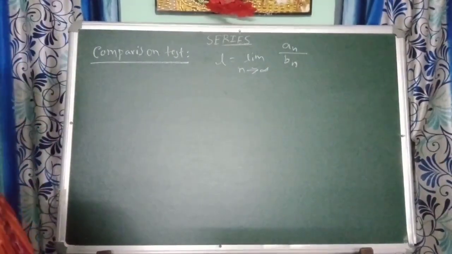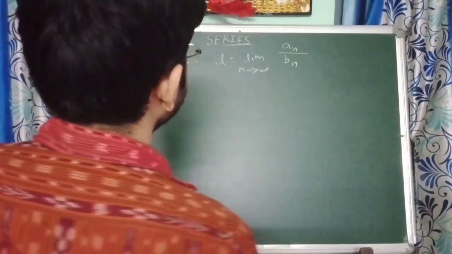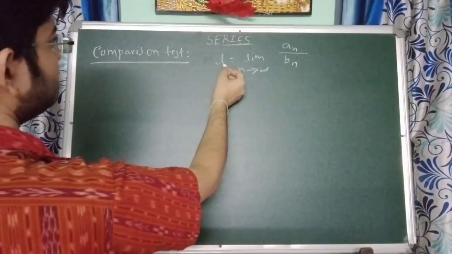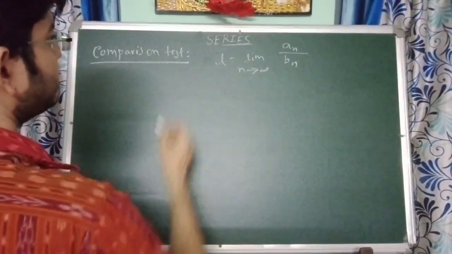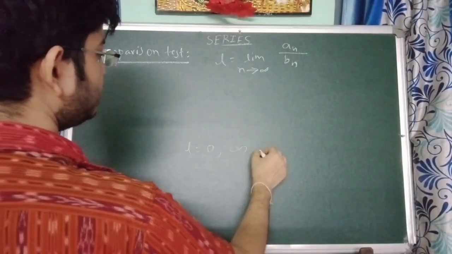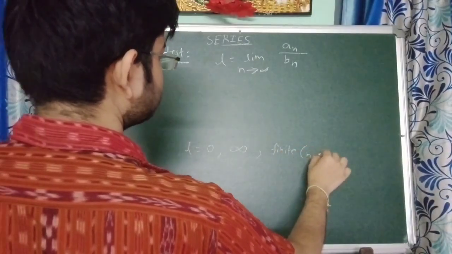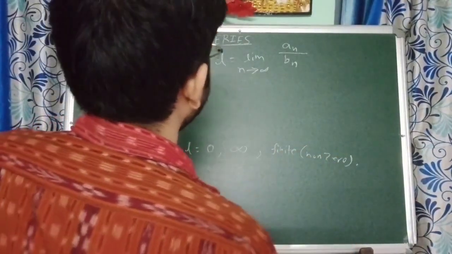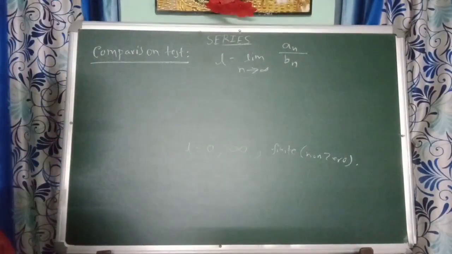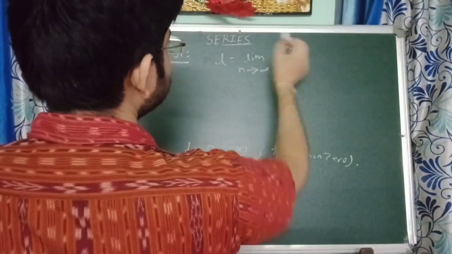This is L. Now when the value of L changes, for some values of L, when L equals 0, or infinity, or some finite non-zero value, then we conclude some result about the convergence and divergence of the series summation a_n.